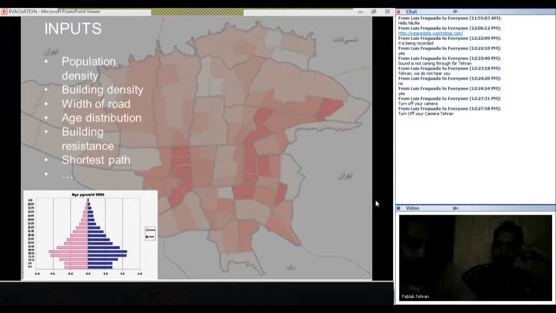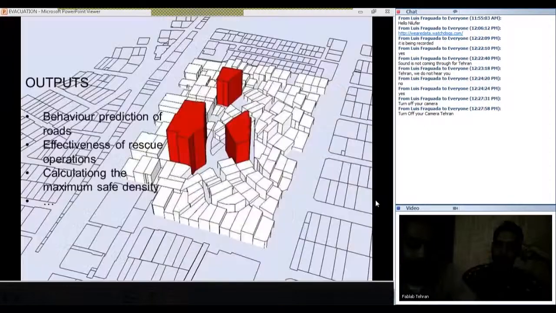And what we're looking for is to predict the behavior of the roads and the problems that these high-rise buildings in the old quarter of Tehran will cause. We will also calculate the maximum safe density.